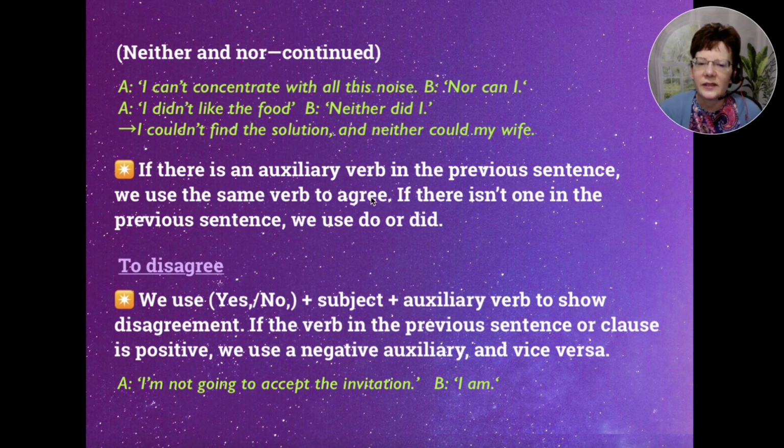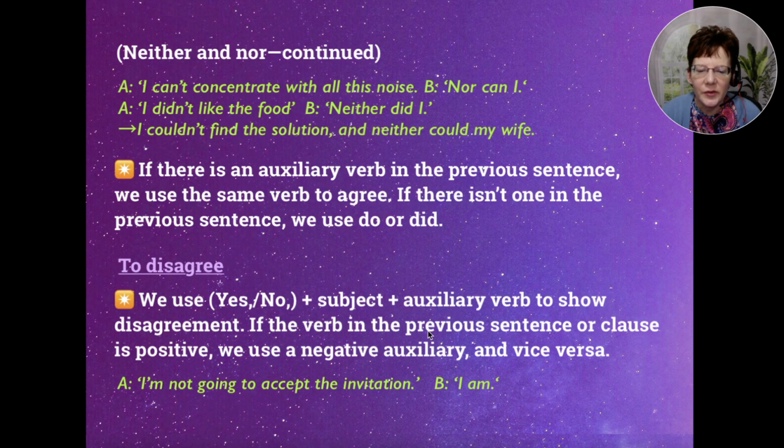Okay, if there is an auxiliary verb in the previous sentence, we use the same verb to agree. If there isn't one in the previous sentence, we use do or did. Okay, let's talk about how to disagree. We use yes or no, plus a subject plus auxiliary verb to show disagreement.